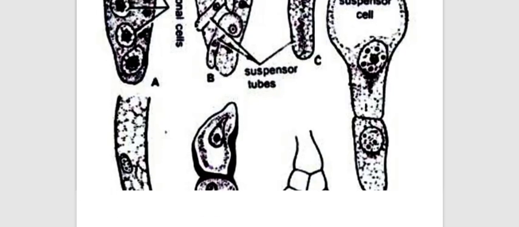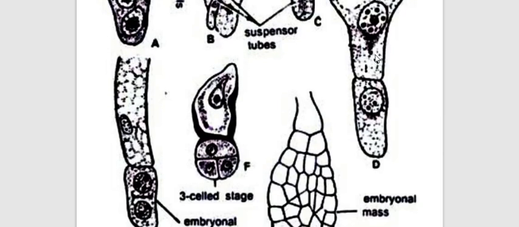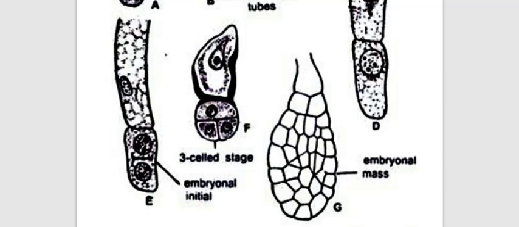Then this embryo nucleus, the embryo initial cell, divides again by a periclinal division to produce the two embryonal cells or two-cell stage of the embryo, and then out of these two embryonal initial cells, the lower one divides by a vertical division to produce the three-celled stage of the embryo, and on the upper side of this the suspensor nucleus is present, which is elongated to form the primary suspensor.